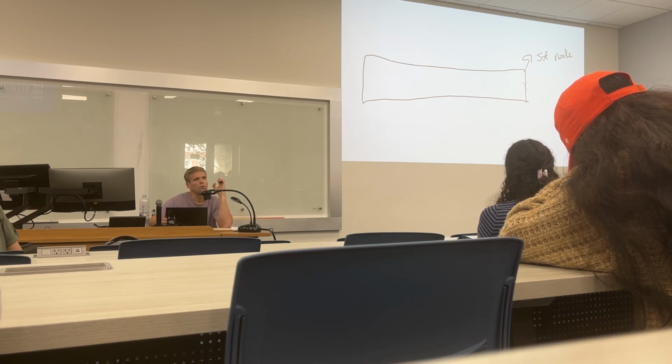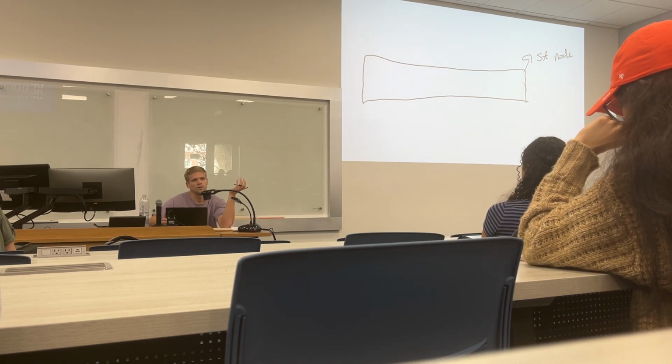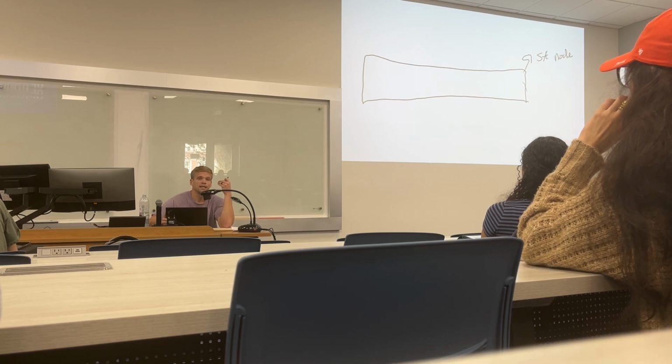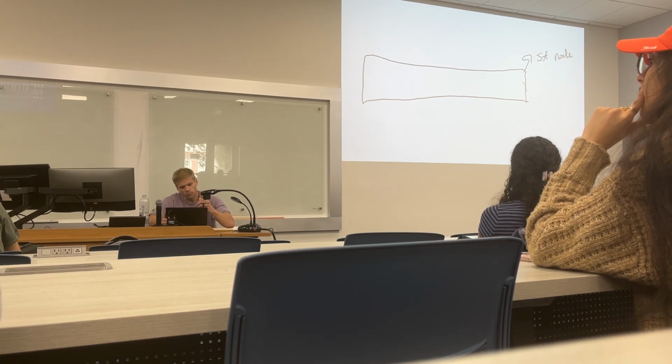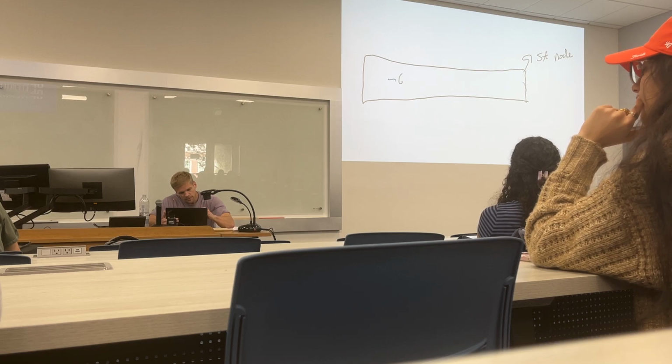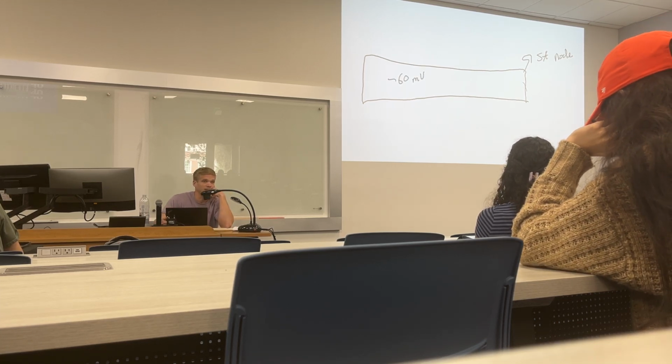Now, when your heart is beating at rest, around 70 beats per minute or so, it will have a peak negative value. It will reach negative 60 millivolts or so, and it won't go any more negative than that.